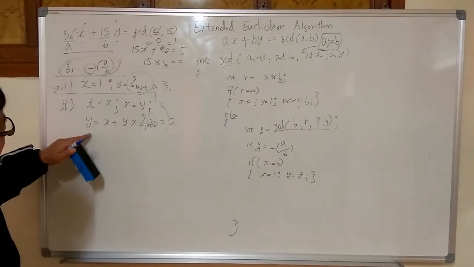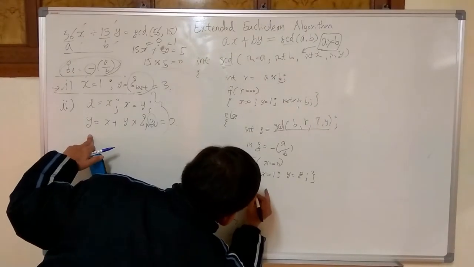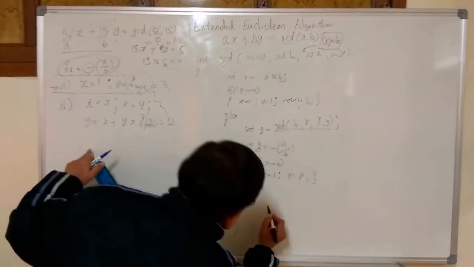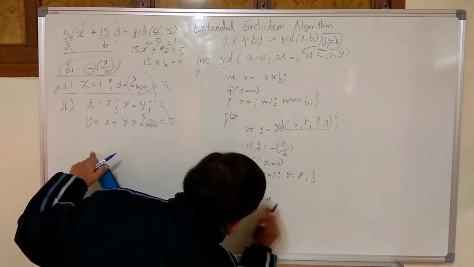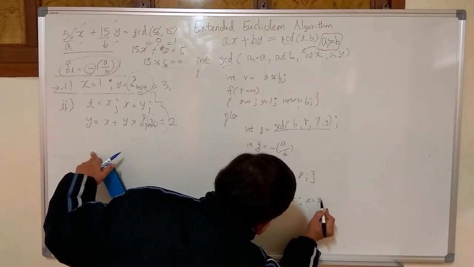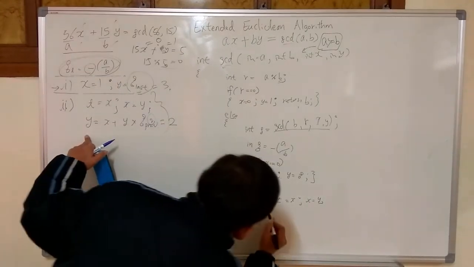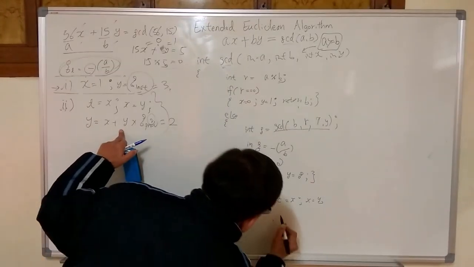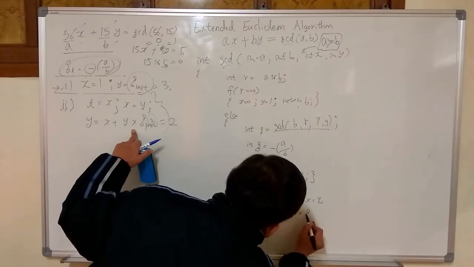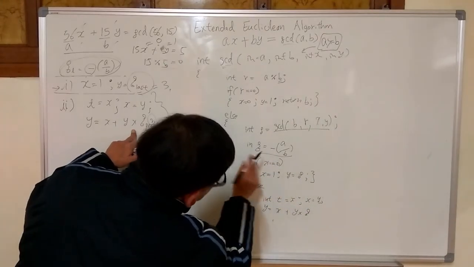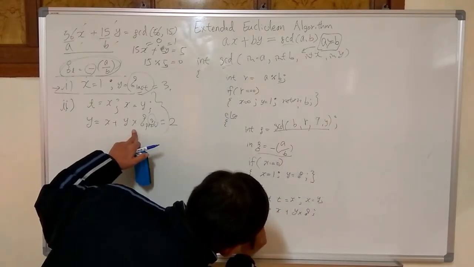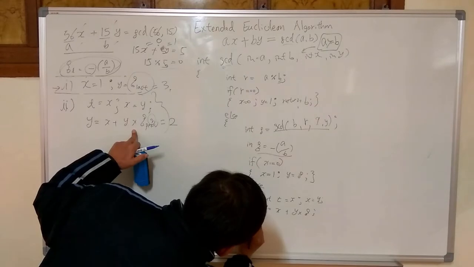Then else statement: int t equals x, x equals y, then y equals x plus y times q. q is computed here. Then the else block closes.